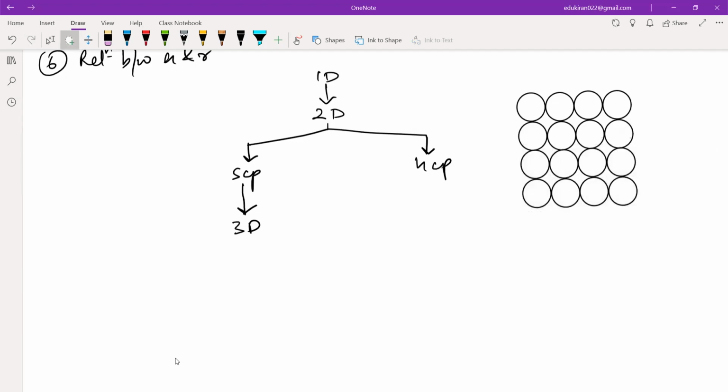Now, if I take one atom and I want to put another atom, so I want to put this red atom in the next layer that is on top of this layer. The black layer is the first layer, and the next layer that I want to put is the red atom. So I can either put it on the atom, that is the black atom, or I can put it in the void made by the black atoms. Yes or no? Can you see the 2 arrangements, right? So if I want to move from SCP to 3D, then also there will be 2 different possibilities, and we are going to learn about both of these arrangements.